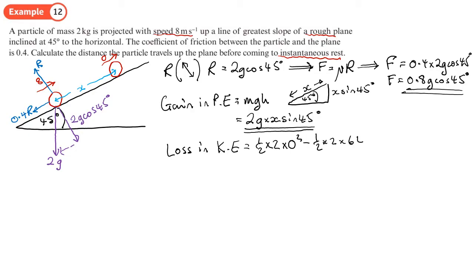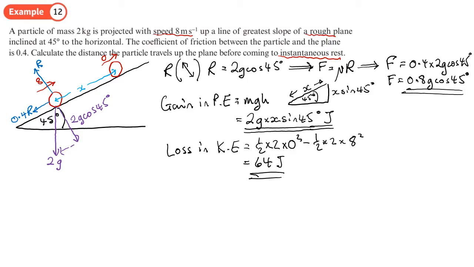Whoops, that's 8 squared. Getting ahead of myself, I was going to put 64. If I work that out, obviously the first part is 0, and then half times 2 is just 1, so I end up with 64. So 64 joules, and the same with the potential energy, I should put joules there.